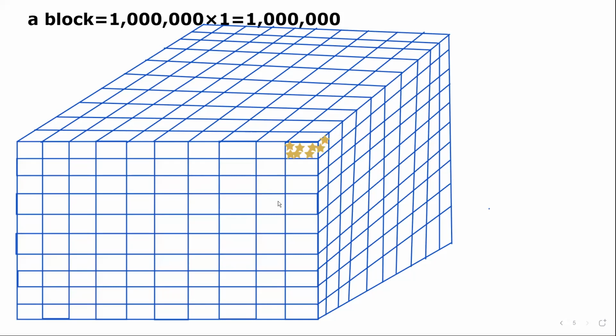Okay. Now the first layer here represents one flat. The next one is another flat. So 10 flats that have been put together will give you a block. Okay. So this is how the blocks look like.